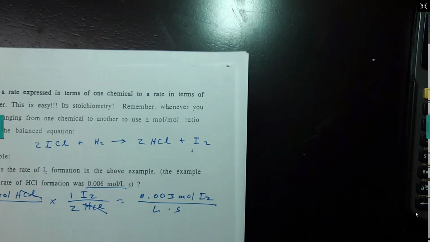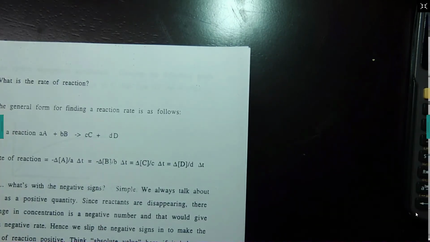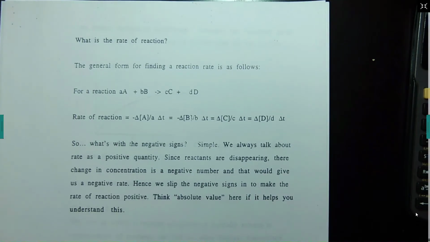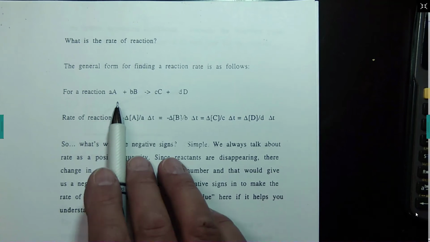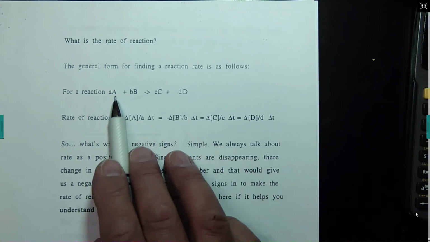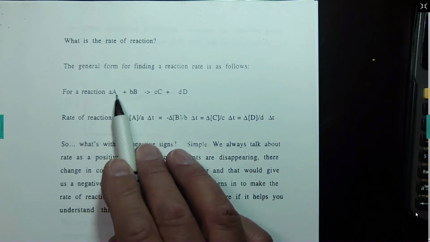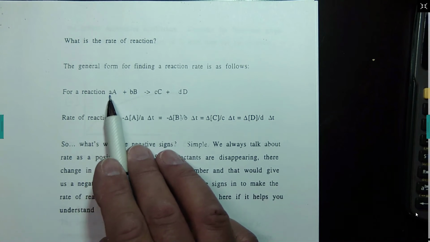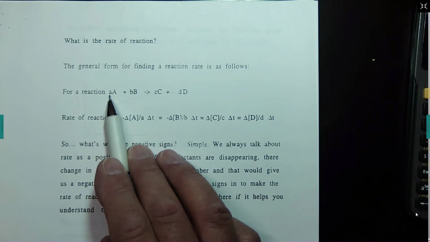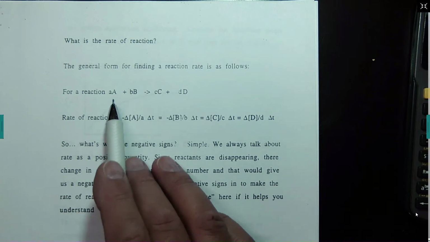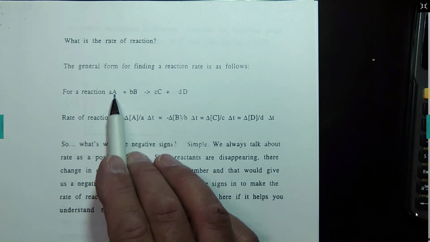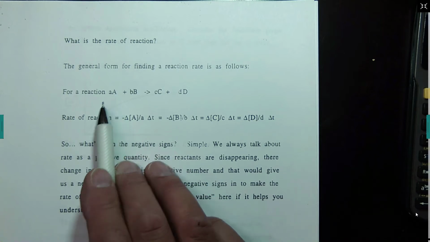Anyway, the general equation for the rate of a reaction, the book makes it look so confusing. Here's your reaction, these are your chemicals, A, B. These are the coefficients. That little a is the coefficient to balance the reaction. What's the rate? The change in the concentration of A all over the change in time.